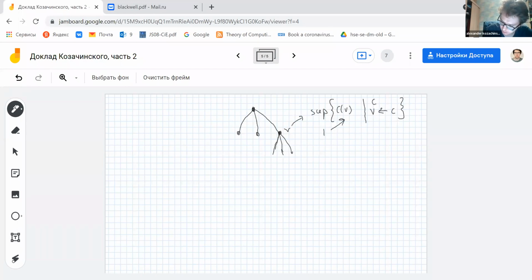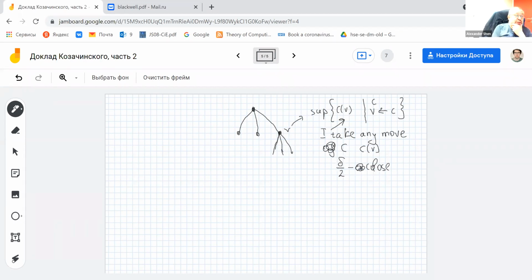So what I do next is I take any move of Mean, any C such that C of V is, say, delta half close to this supremum. The idea is that on the next level we need to consider just two stages, and for that we need to fix some move of Mean on the first stage, because I want to eventually achieve global consistency, and to achieve it I need to use the fact that Max has a winning strategy in my additional refutation game.